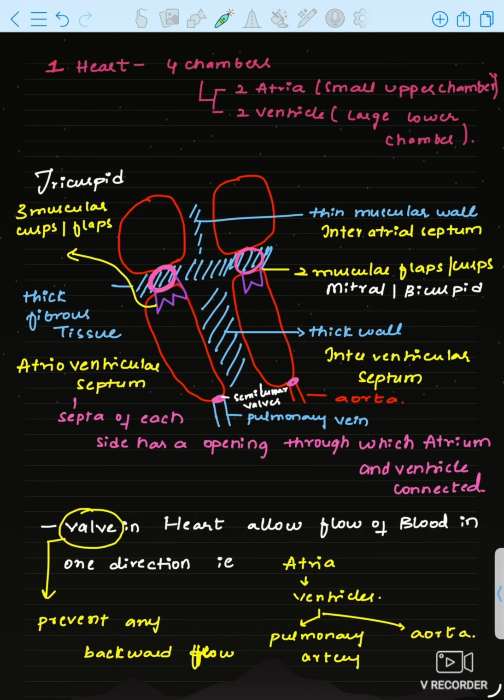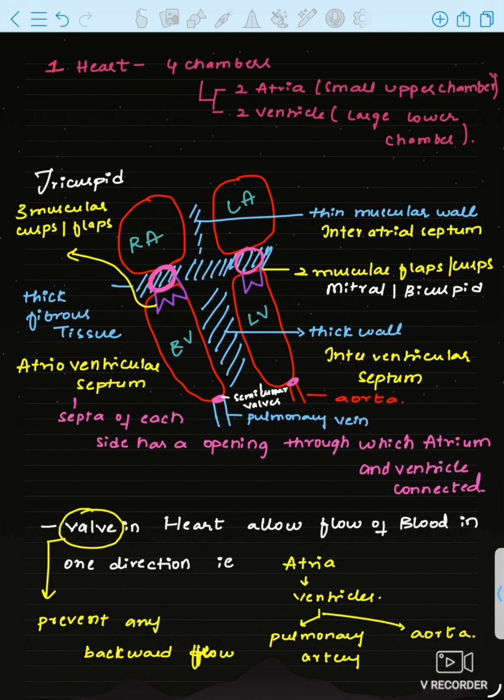So here let me say some septa are there. See, these are the chambers, they can't be freely present. Some strong septa, connective tissue should be there to adhere them. I will just write right atrium, left atrium, right ventricle, left ventricle.